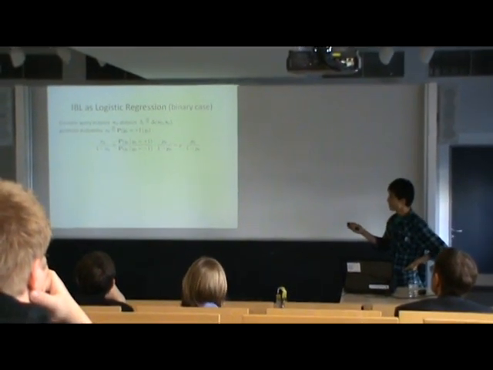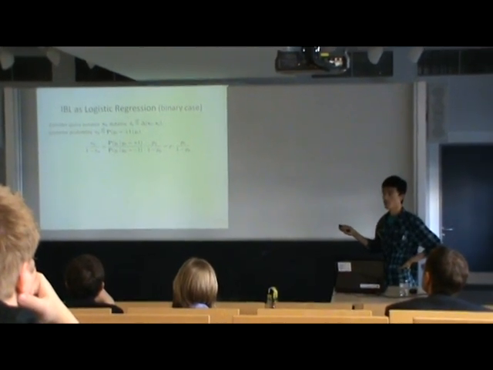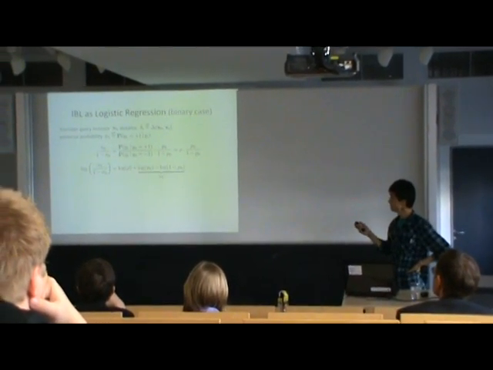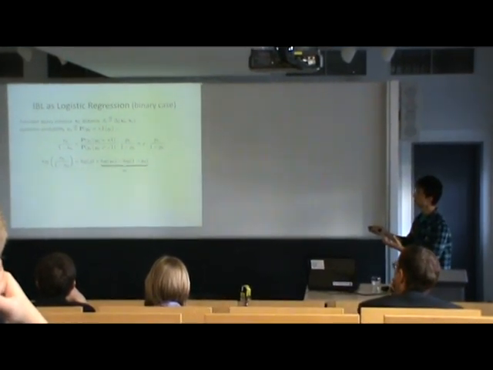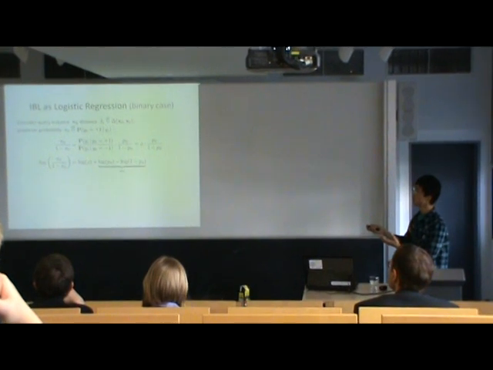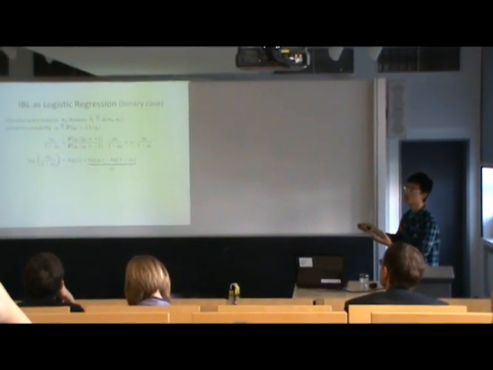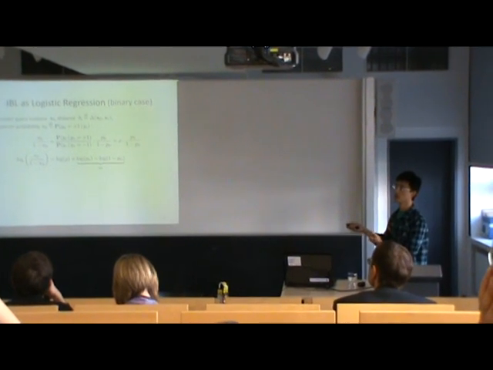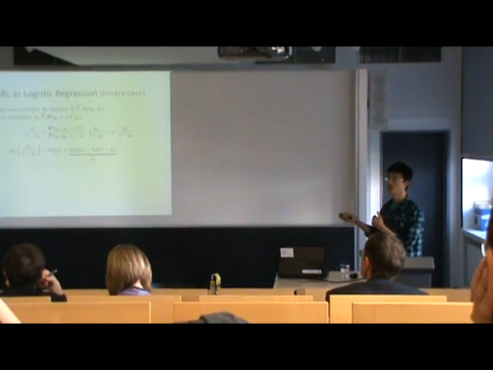And just for the sake of simplicity, we denote this likelihood ratio with rho. All right? Then I take the logarithm on both sides, and we immediately come to this. So this is the log likelihood ratio, plus some prior term here. Again, for simplicity, I denote this prior term using omega zero.